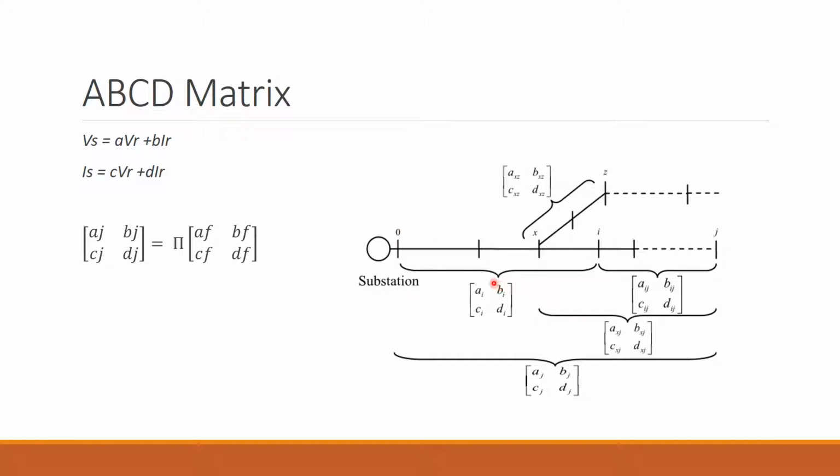And we can see that the specific parameters for our coefficients from here to here are this A, B, C, and D. But if we actually want to measure from I to J rather than from 0 to I, it's going to be Aij, Bij, Cij, Dij. And we can do the same thing for the whole system, from 0 to J: Aj, Bj, Cj, and Dj. And this represents the system as I mentioned before.